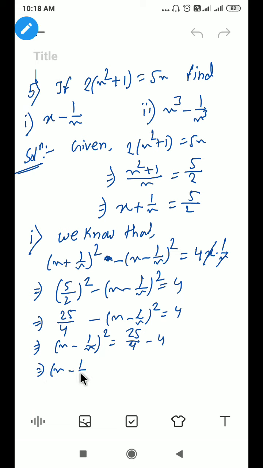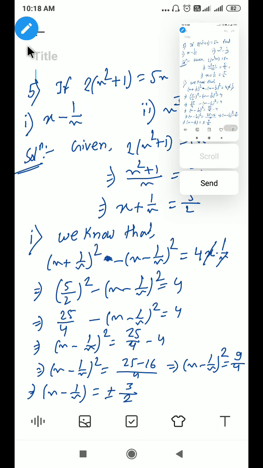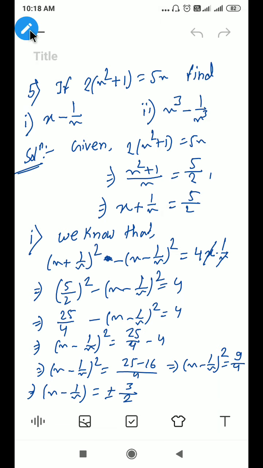So (x - 1/x)² = 25/4 - 4, which is 9/4. So x - 1/x will be ±3/2, because if anything comes out of the root, it will be plus or minus. So the value of x - 1/x is one 3/2, and another one is -3/2. Clear? Now go to question number 2.